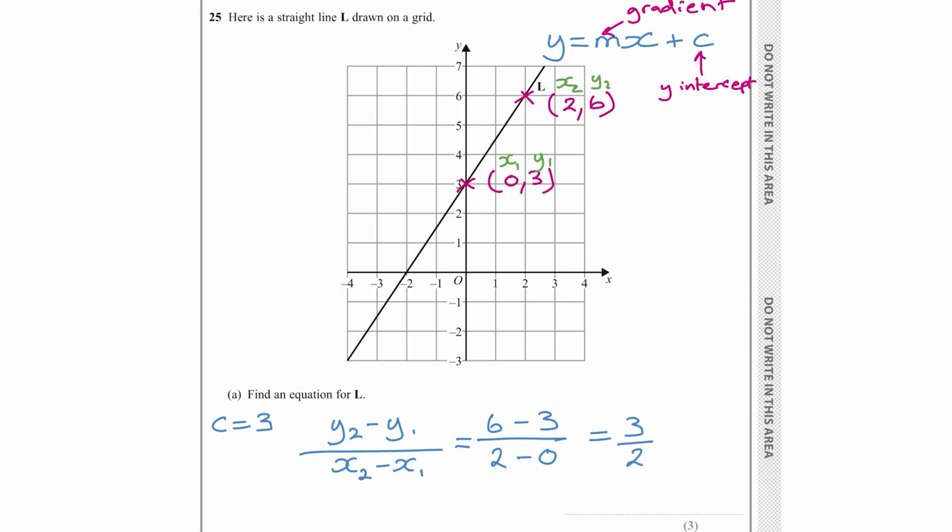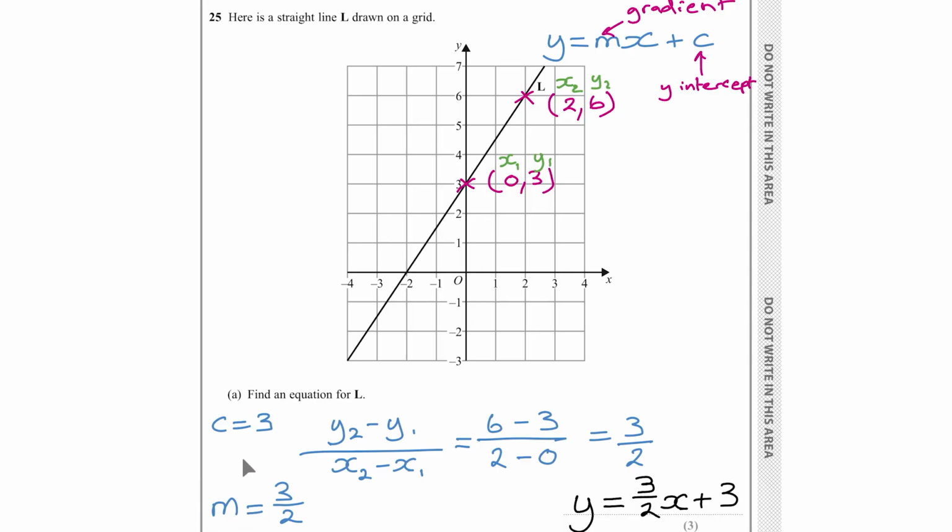So there's your gradient, and we'll make a note of that: m equals 3/2. And now you can form your equation because you have c and you have m, and you write it out as y equals m first, which was 3/2, x plus c, which was 3.